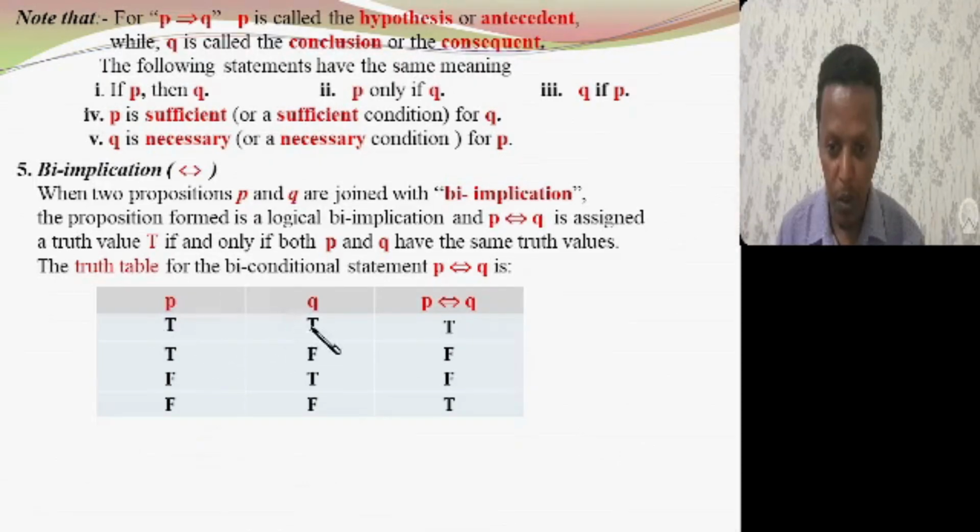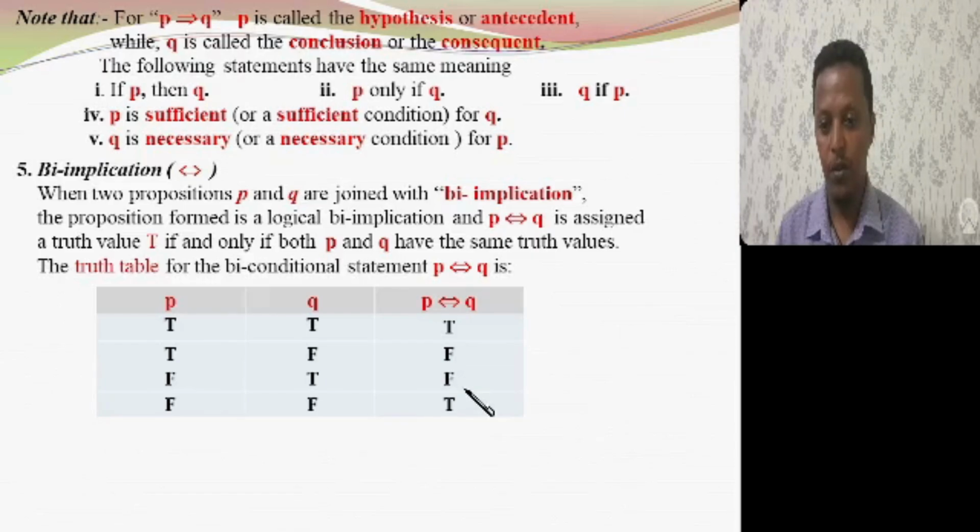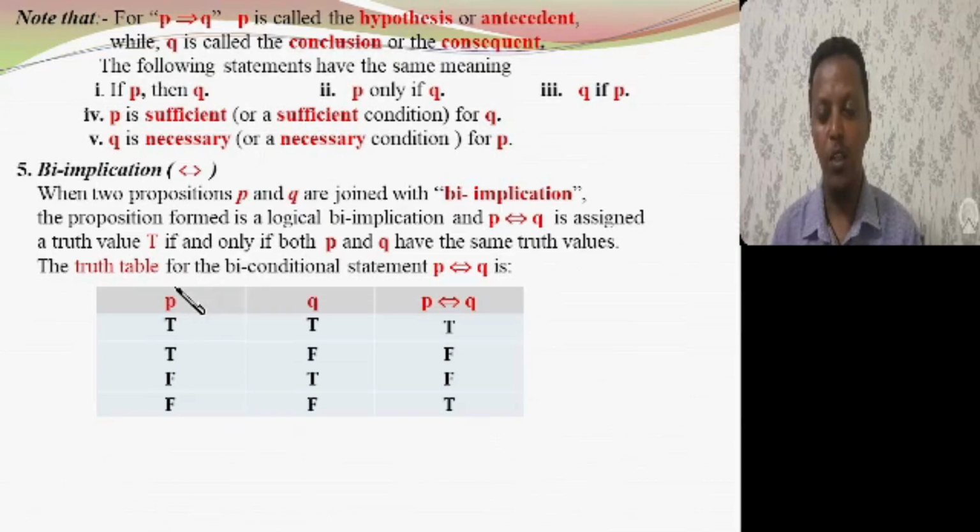That means when both are true, it is true; when both are false, it is true; otherwise it is false. So as usual, the 4 logical possibilities: true true, true false, false true, false false. When they have different truth values, P if and only if Q will be false. So this is the rule of biimplication. By the way, biimplication is the combination of conjunction and implication.